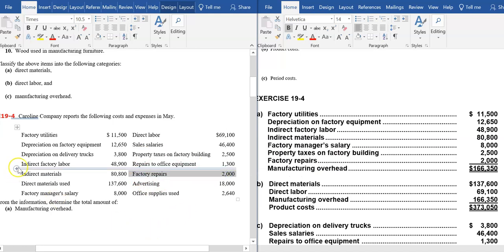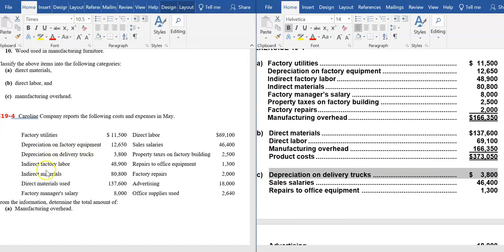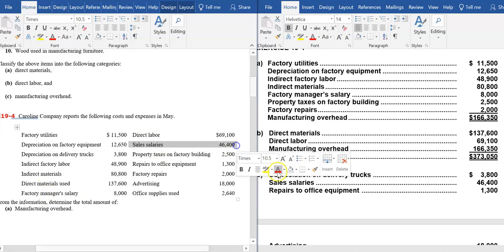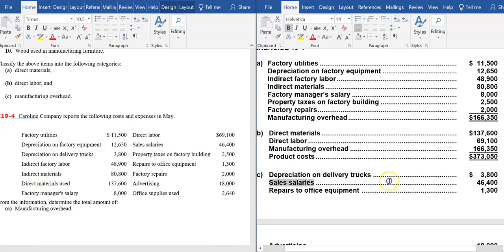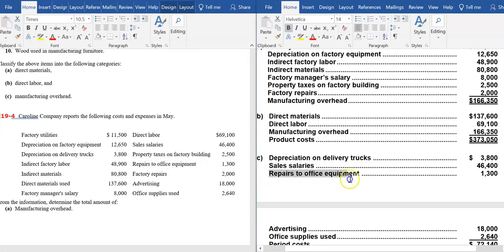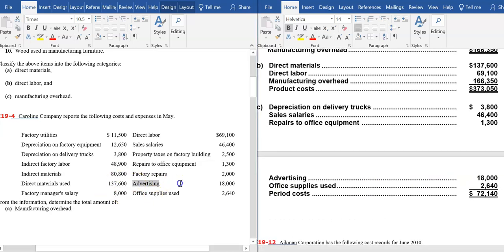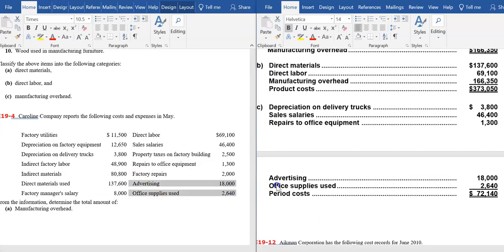The costs that have nothing to do with making the product, which would be depreciation on delivery trucks, and looking down here, sales salaries, and repairs to office equipment, and advertising and office supplies used.